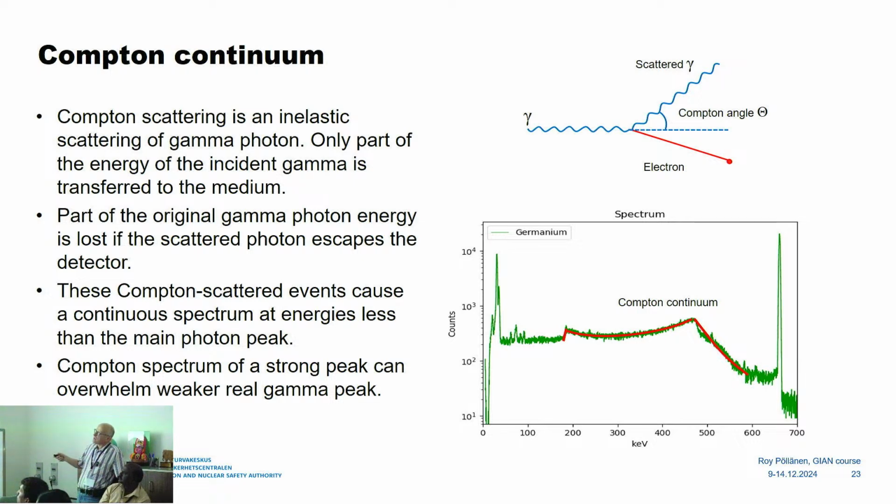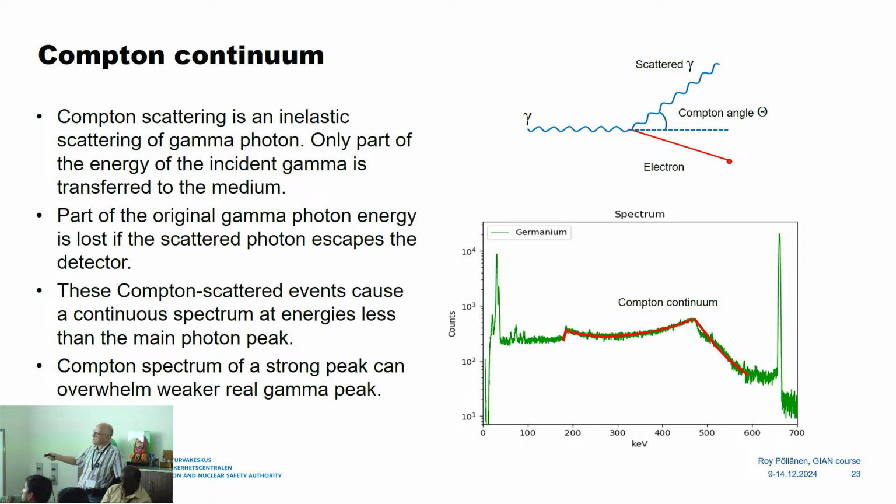So only part of the original energy of the incident gamma is transferred to the medium. This is the relevant thing. Part of the original gamma photon energy is lost if the scattered photon escapes the detector. And these Compton scattered events cause a continuous spectrum at energies less than the main photon peak.